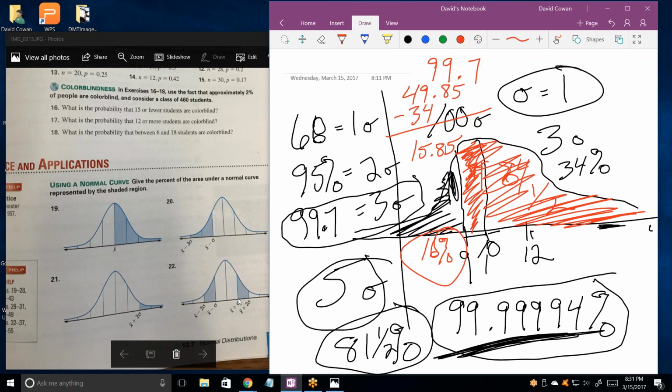It's 95 minus 68, or 27% would be the answer for 22. They always turn into subtraction problems. You know the entire area out to 3 standard deviations, but you got to subtract off this area that's only 1 standard deviation out. So that's the way you have to do these.